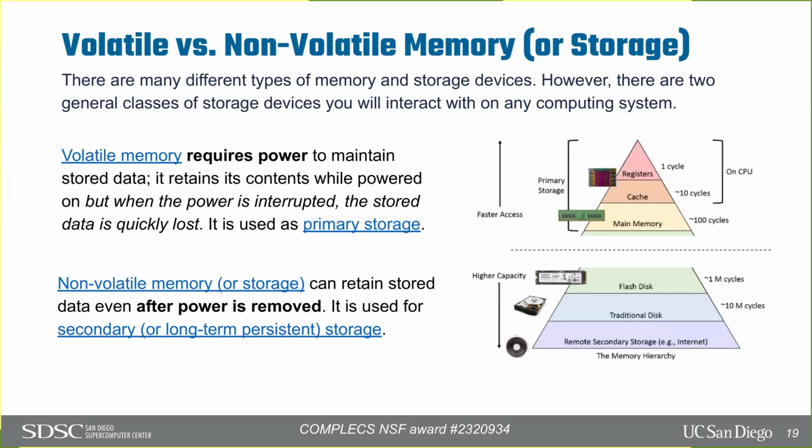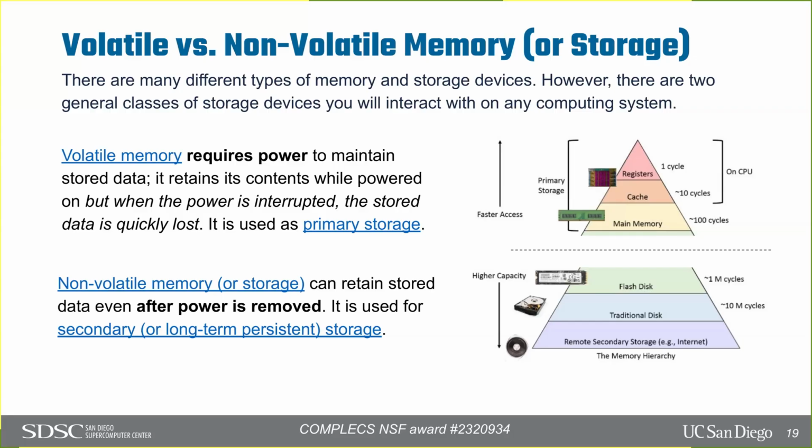So I've already used these definitions a little bit, but just to cover them again here, in addition to the different tiers of storage, there are really two general classes. What we call primary storage is also known as volatile memory.